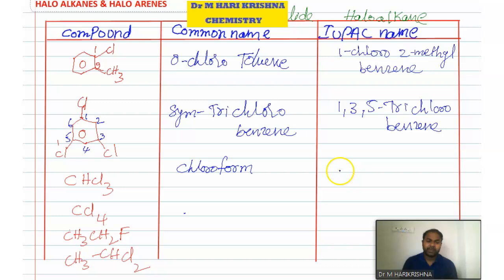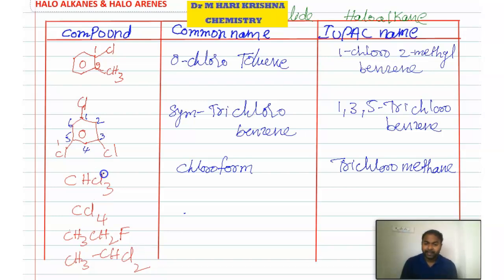In case of IUPAC, we can call it trichloromethane. In methane, 3 chlorines are there. So 3 chlorines replace the hydrogens. That means trichloromethane. Here you can tell this CCl4 name.